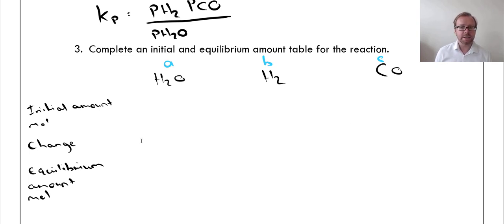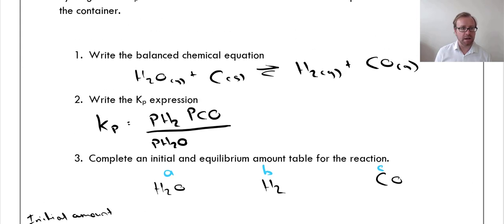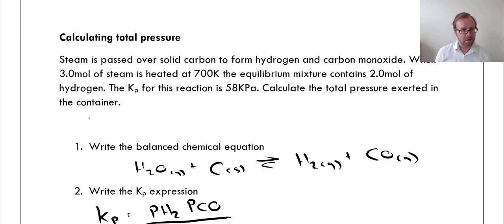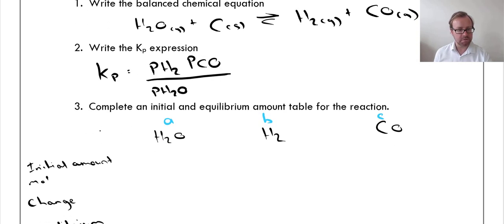So we need to complete this, and the first thing we need to do is just fill out the information in the question. So when 3 moles of steam is heated, I know this is 3.